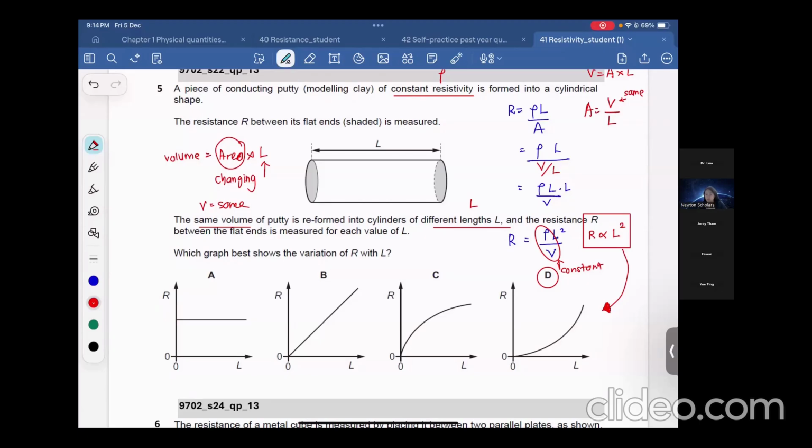Okay, until here, do you get my idea about Question 5? Washini okay, how about the others? Fawa okay, Fatima okay. You get the idea why I need to do so: because the area keeps on changing, so we have to make it a constant. Okay, next.